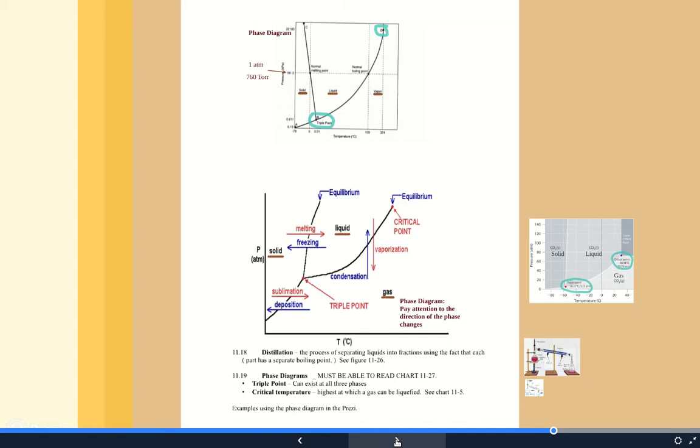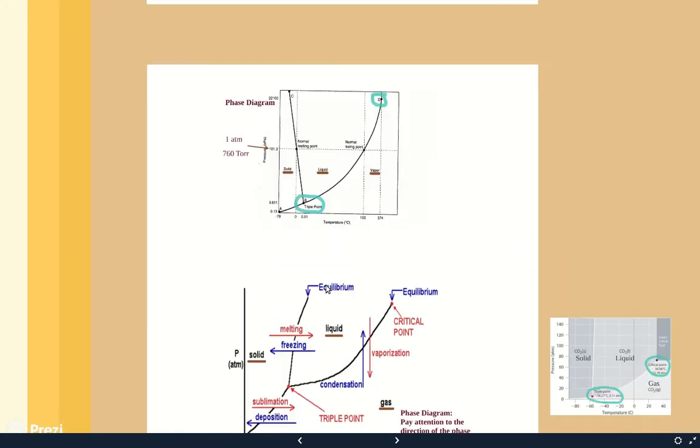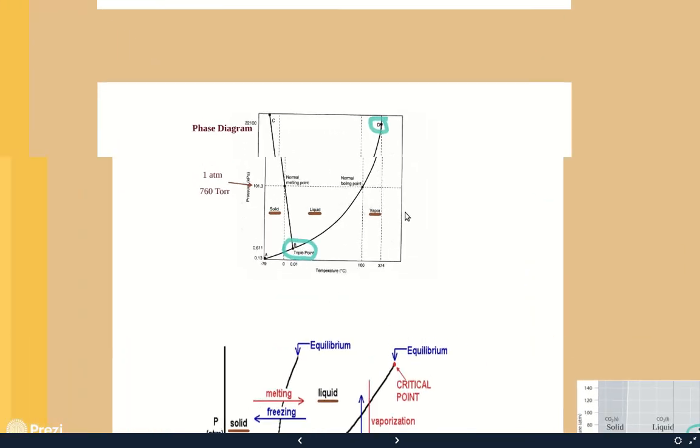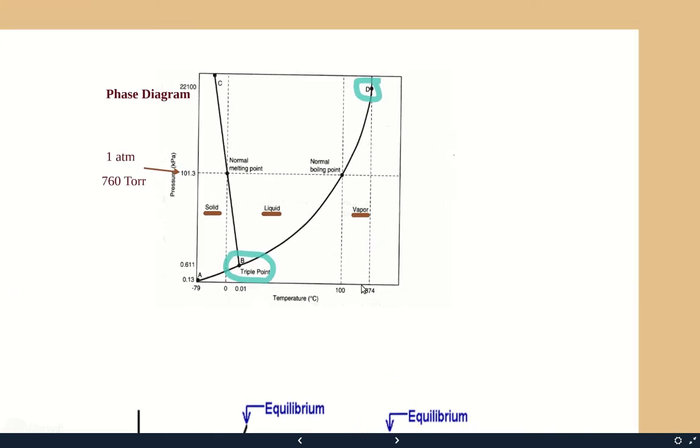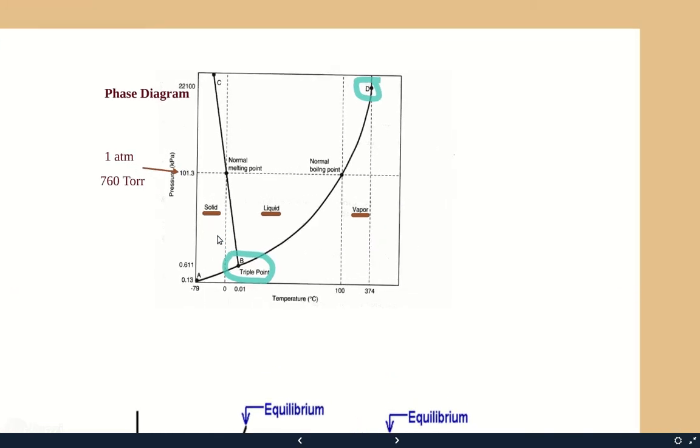The next thing we have is a phase diagram, and this is something you need to be able to read as well. Also very easy to read. So what we have is in this area right here, all that area, that's where you would have a solid. So that solid would be at negative 79 degrees up to about 0.01 degrees Celsius. And this shows you the pressure and the temperature.